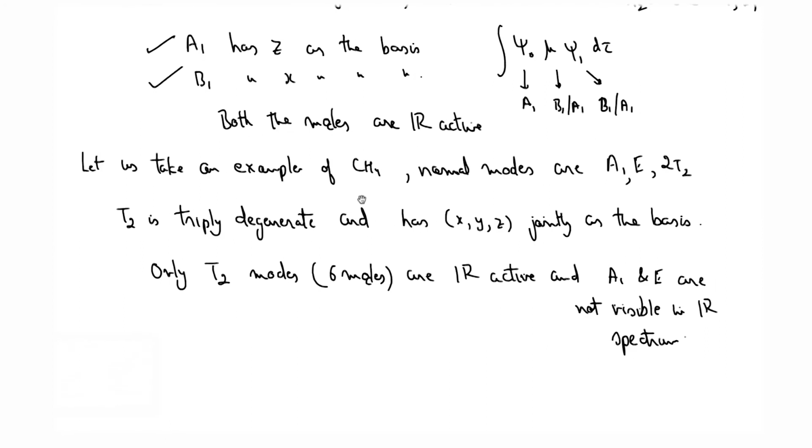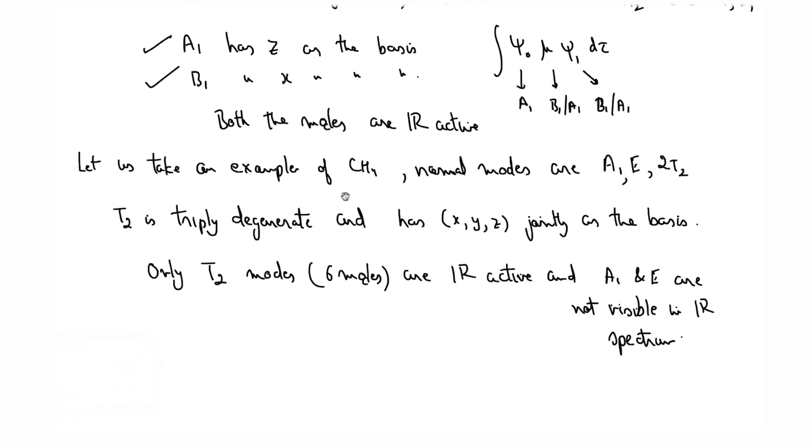So this should be very clear now. This is for IR spectroscopy. Now we have learned how to identify which normal modes of vibration will actually be observed in IR spectroscopy based on symmetry rules.